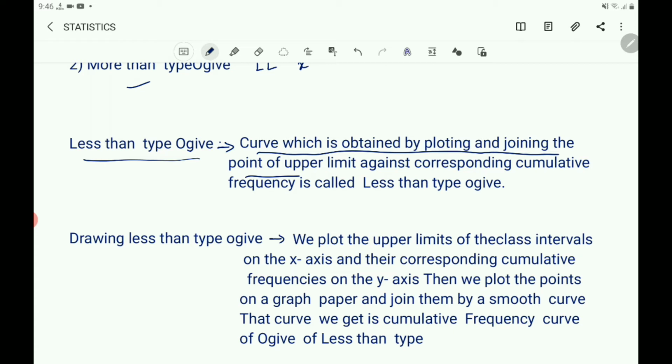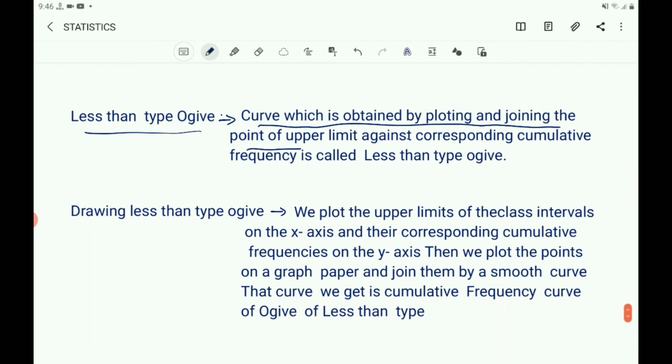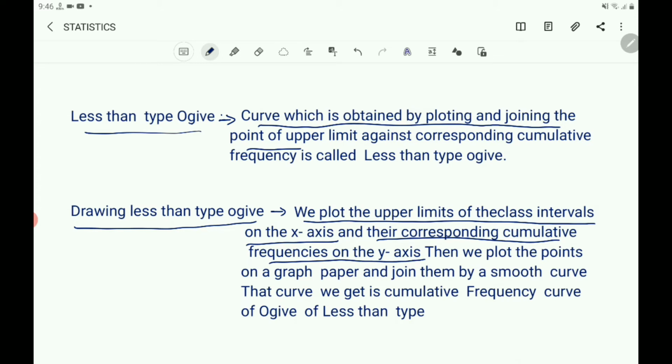We plot the upper limits of the class intervals on the x-axis and their corresponding cumulative frequencies on the y-axis. Then we plot the points on a graph paper and join them by a smooth curve. That curve is called the cumulative frequency curve or Ogive of less than type.